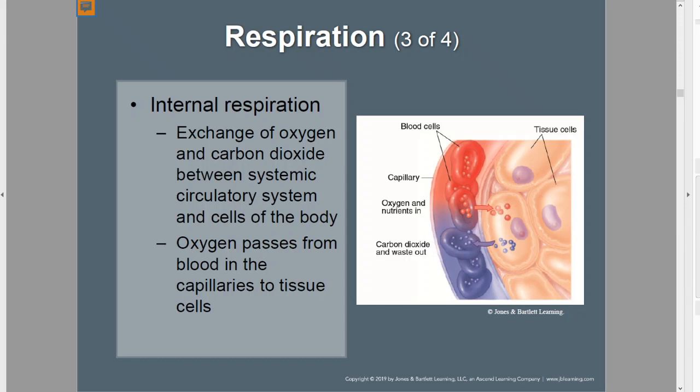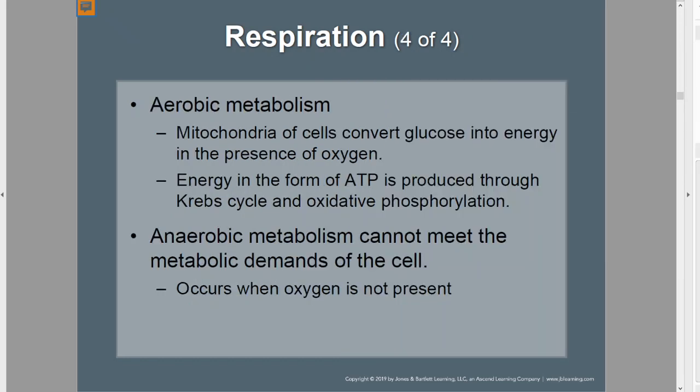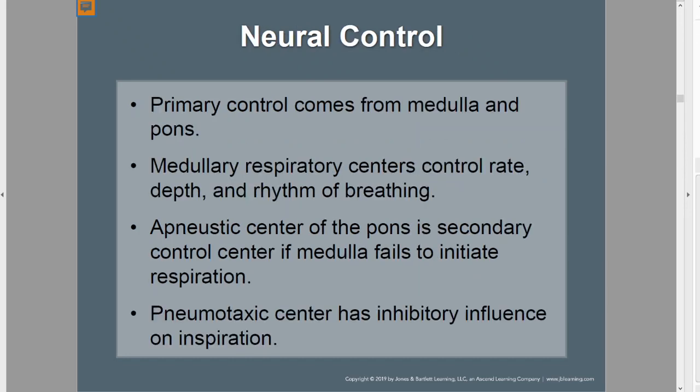It's internally providing that oxygenated blood to those cells all throughout the body that need it, and then they're picking up that CO2 and bringing it back to the right side of the heart so that pulmonary ventilation can occur. We know what aerobic metabolism is. We know what anaerobic metabolism is. I think we don't need to spend a lot of time there.